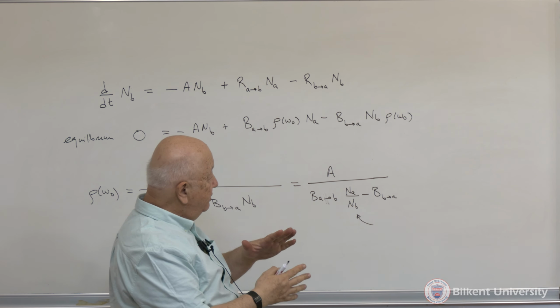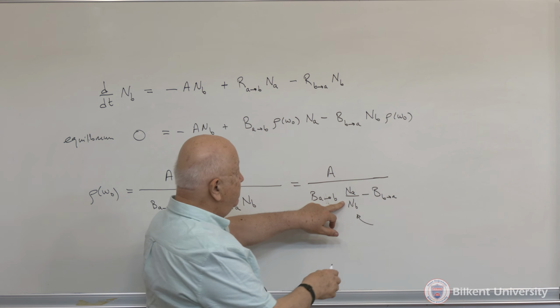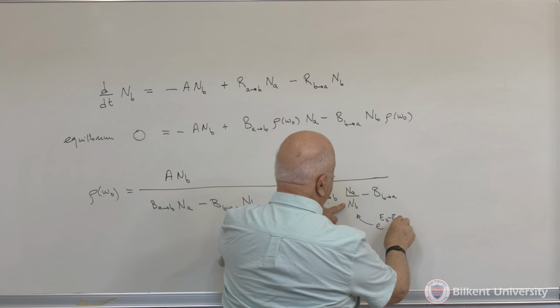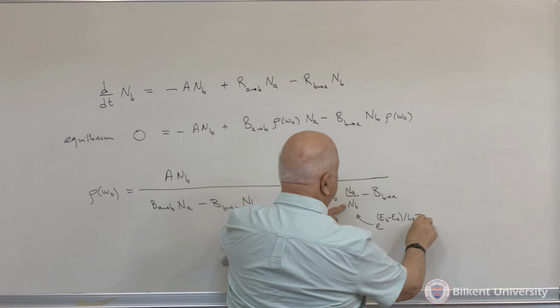It just depends on the energy levels of the two systems. So this is just equal to e to the EB minus EA, where EB is larger, over KBT.